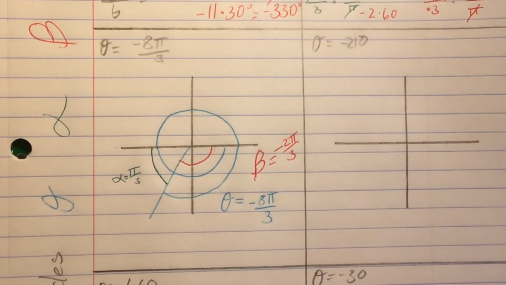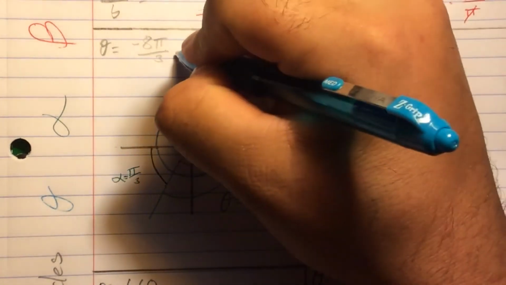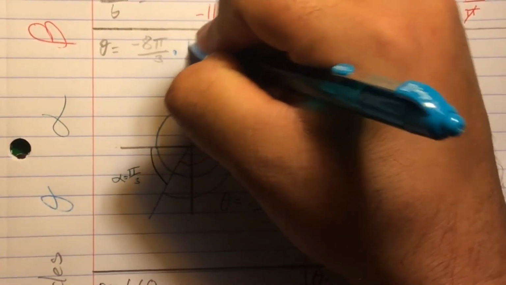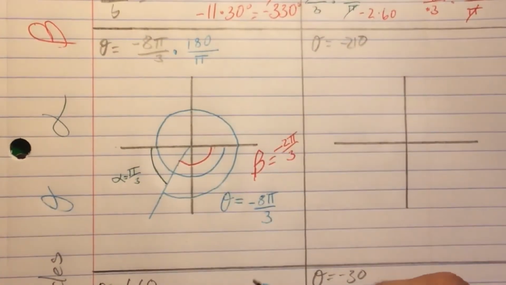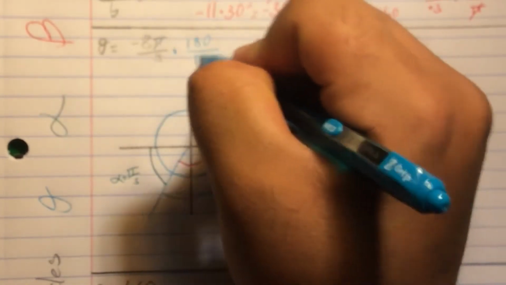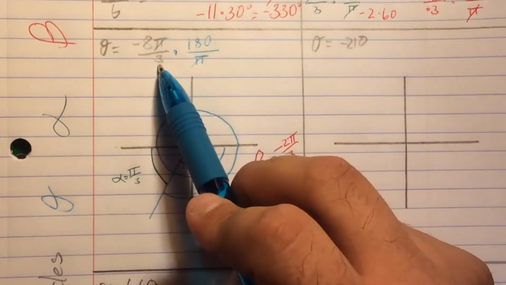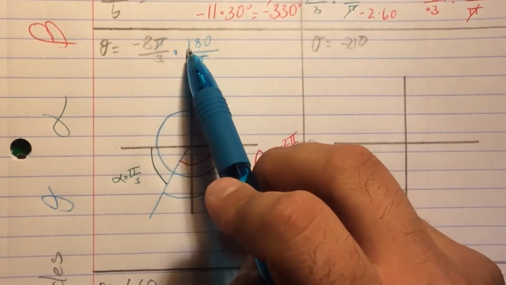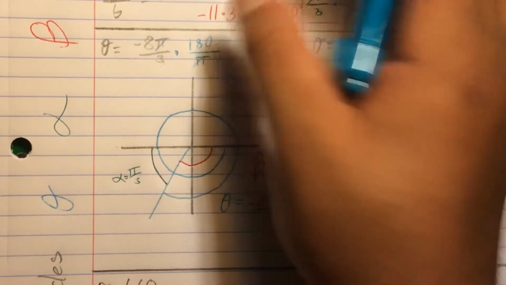So we're going to just use the top one here, since once again we squished ourselves down here. We're going to multiply the top by 180 over pi. And then we're going to see once again that we can reduce the pi's. Then we're left with a very similar situation where we have 180 over 3. We know that 18 divided by 3 is 6, and then we add the 0 to make it 60.